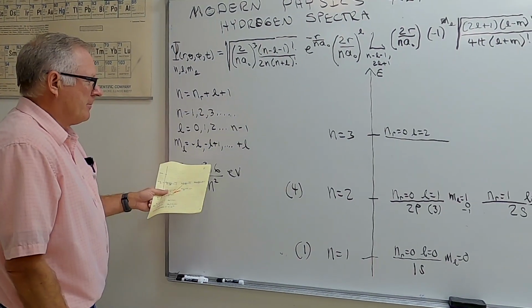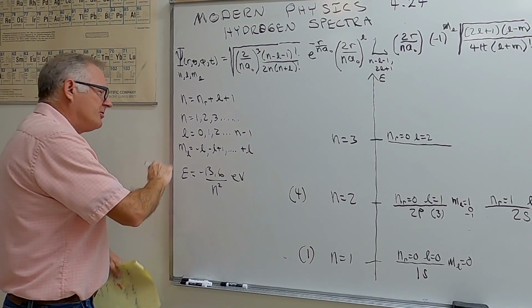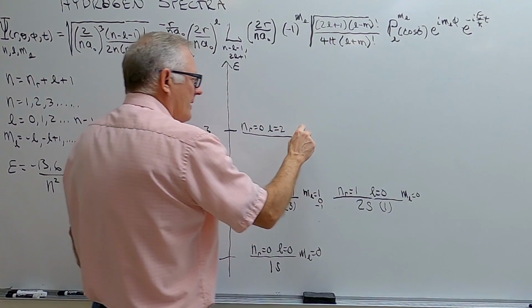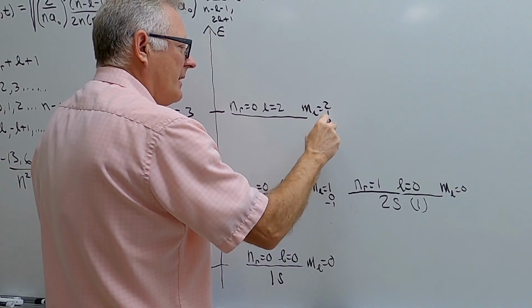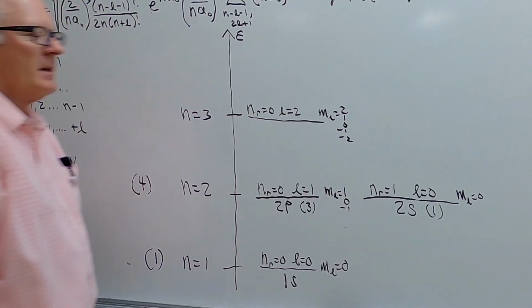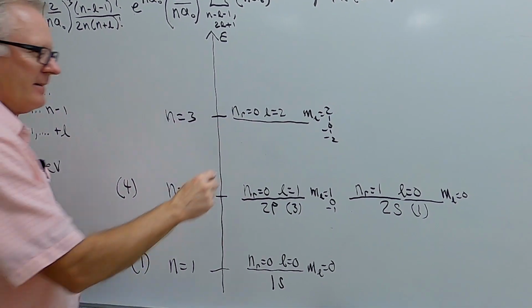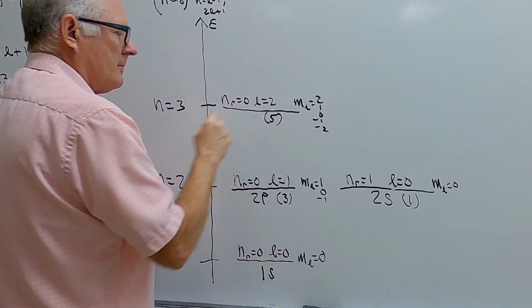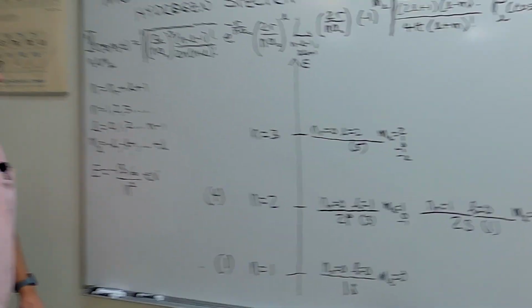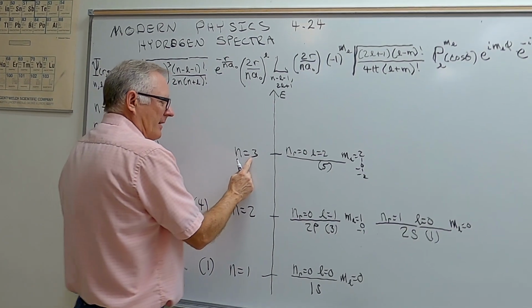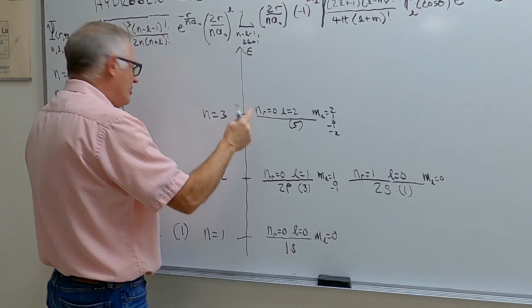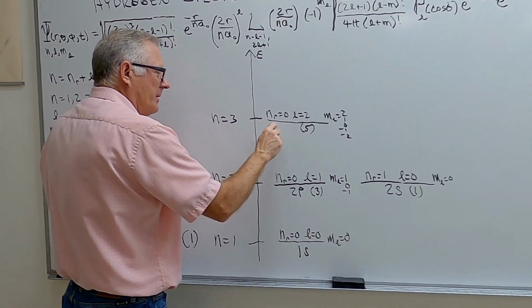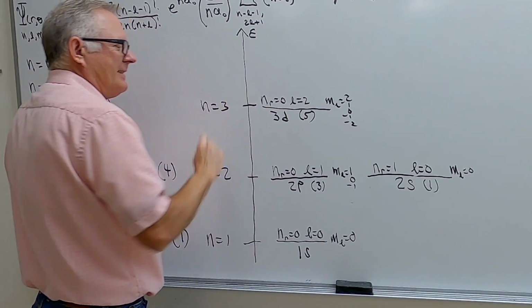And then m sub L goes from minus 2 to plus 2, so m sub L could be 2, 1, 0, minus 1, minus 2. So there are 5 states here. And we would call that the 3D state, SPD. D, L equal 2 is the D state. So this would be the 3D state.